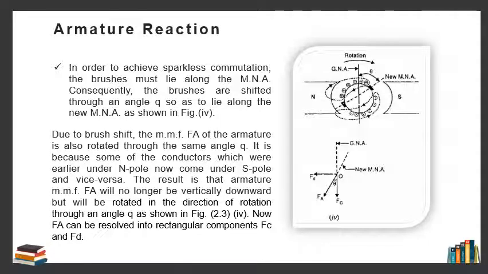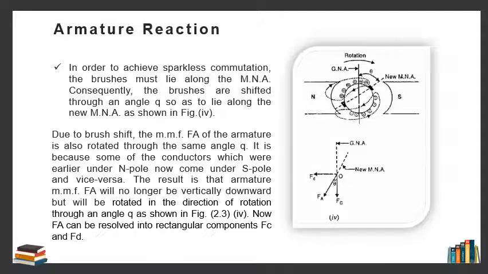Due to the brush shift, the armature MMF FA is also rotated through the same angle Q. It is because some of the conductors which were earlier under the N pole now come under the S pole and vice versa. The result is that the armature MMF FA will no longer be vertically downward but will be rotated in the direction of rotation through an angle Q, as shown in figure number 4.